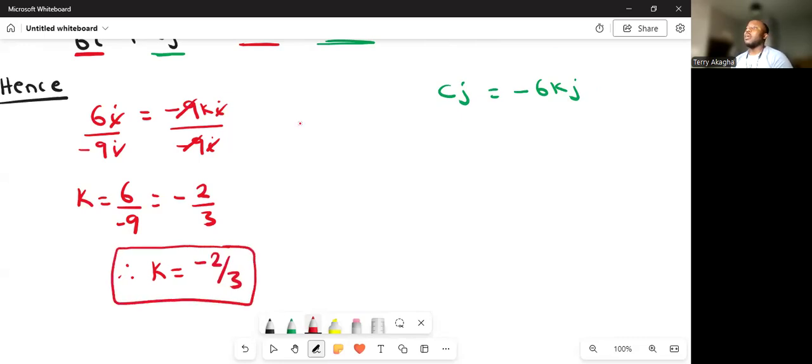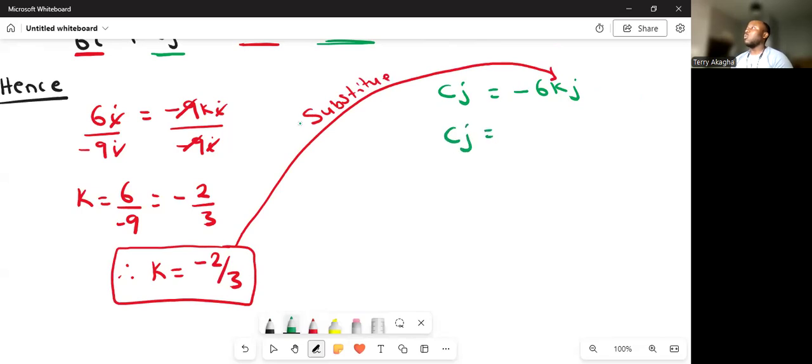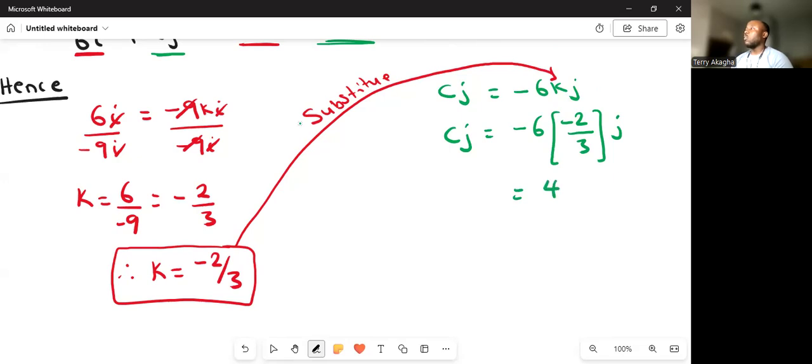Now, the k we have here, we have to substitute it into this one here so that we can find c. So cj is going to be equal to minus 6, and k is minus 2 over 3, then j. So minus 6 times minus 2 over 3. Minus times minus will give you plus. 6 divided by 3 is 2, and 2 times 2 will be 4. So it's going to give us 4j.